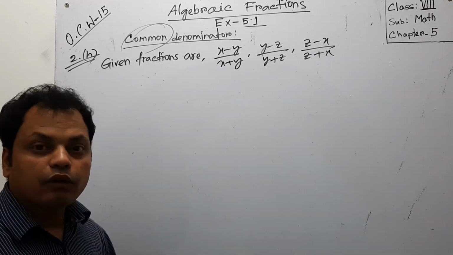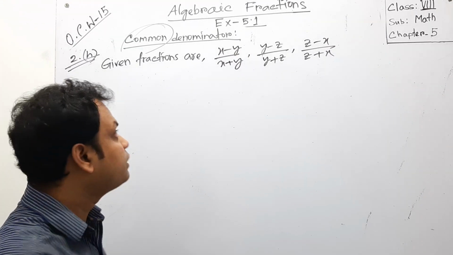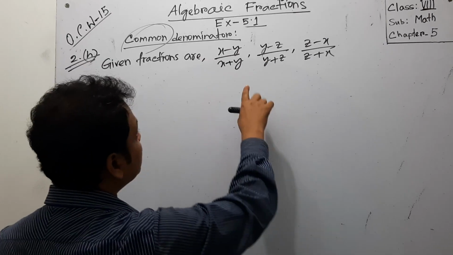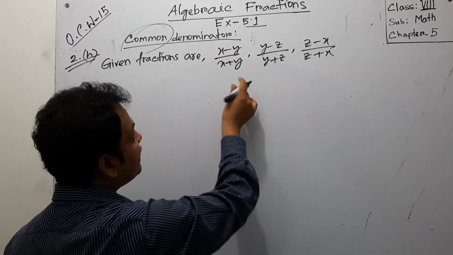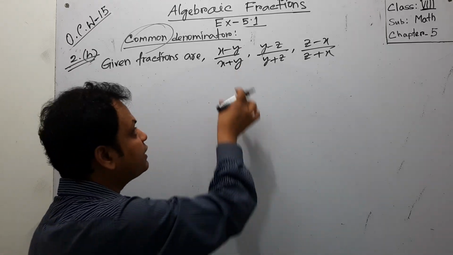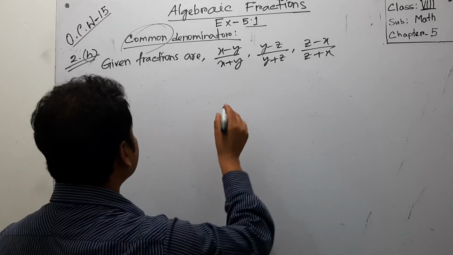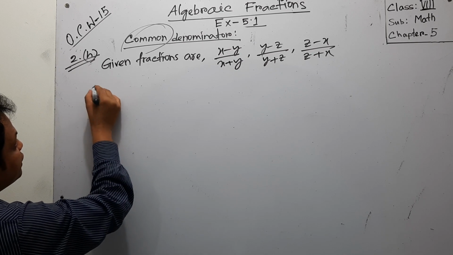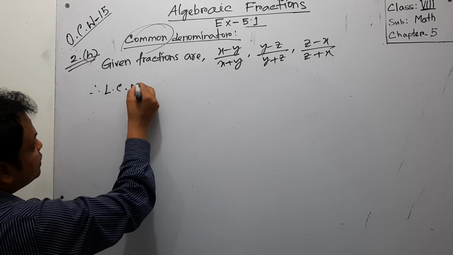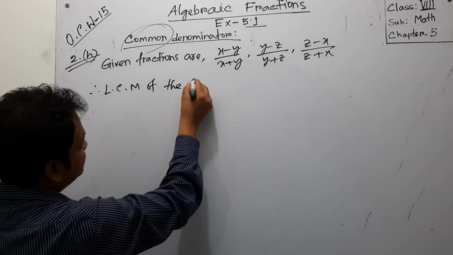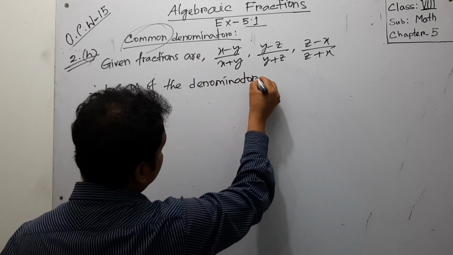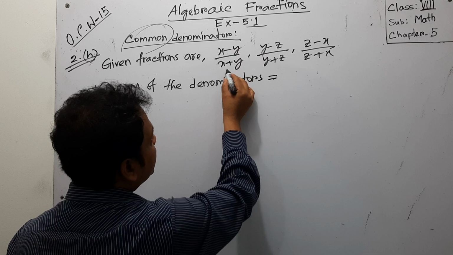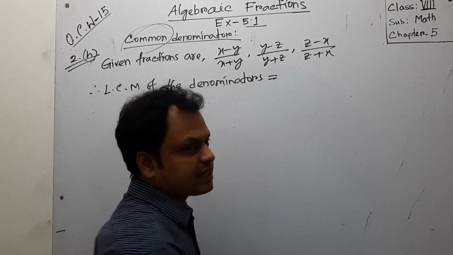As in the previous one, after writing this we have x plus y, y plus z, z plus x. We will not get any other factors. We cannot factor the denominators further. Therefore, the LCM of the denominators equals x plus y, y plus z, z plus x.